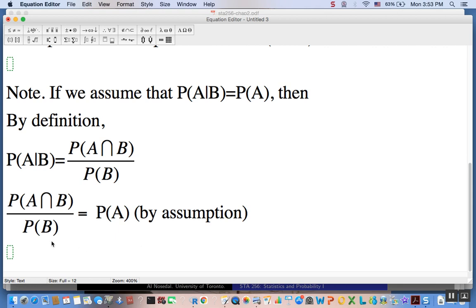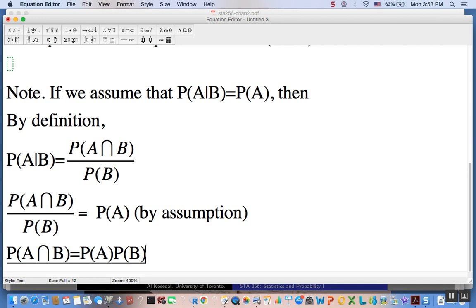And then if we solve for the intersection, multiplying by probability of B on both sides, we have that probability of A and B equals probability of A times probability of B. See?